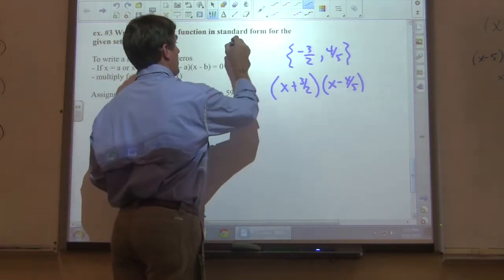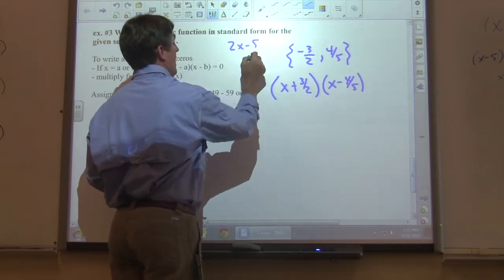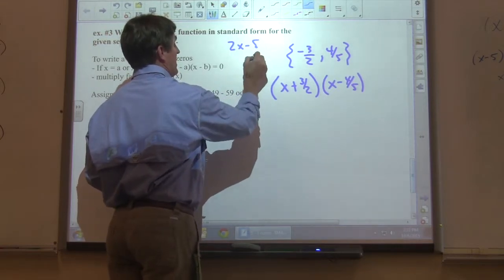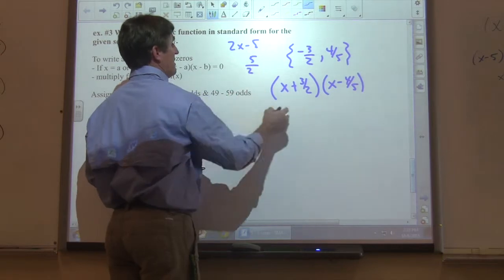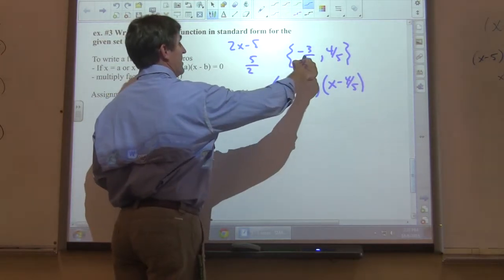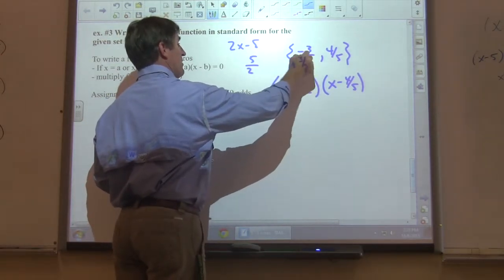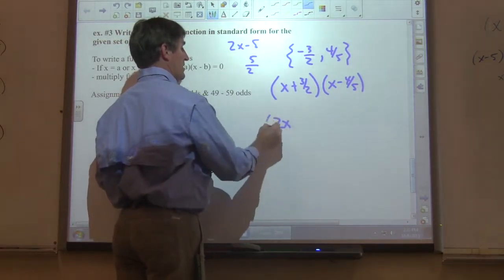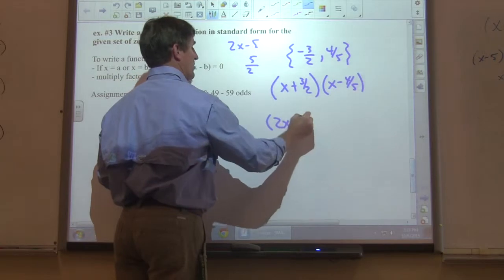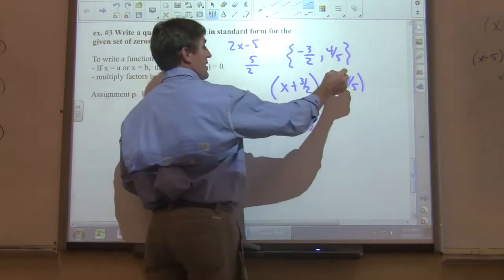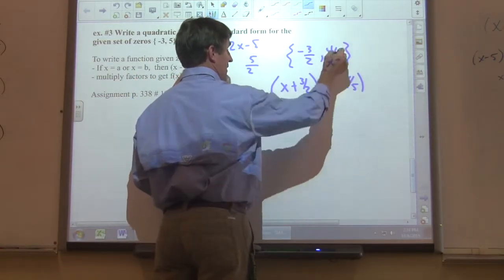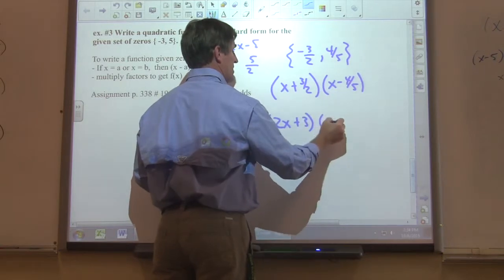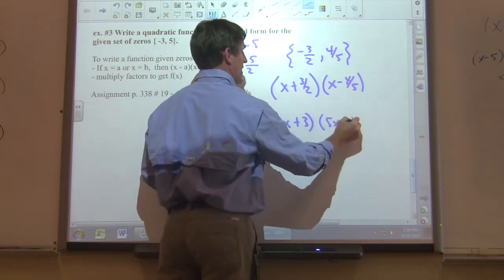Remember, our shortcut said if we had 2x minus 5, it was the opposite of this, divided by that. Well, the same thing. This means the bottom number, what I'm dividing by, is multiplied to the x, so 2x, and then the opposite of minus 3 is plus 3. The 5 is multiplied to the x, and the opposite of 4 is negative 4.